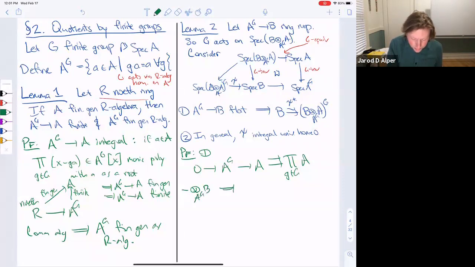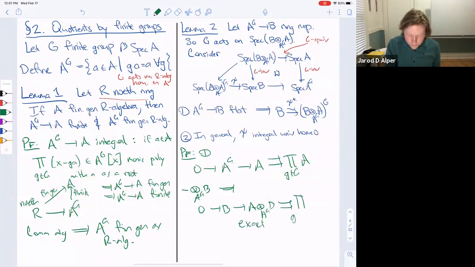That implies that B sits inside A tensor over A^G B. This is exactly telling us that the invariants of this is B, right? And then the second one I'll leave as an exercise.